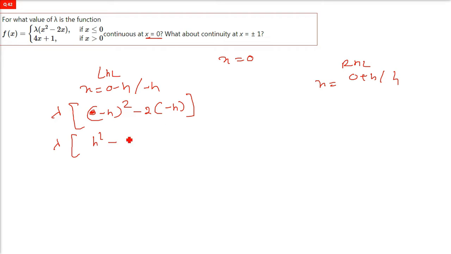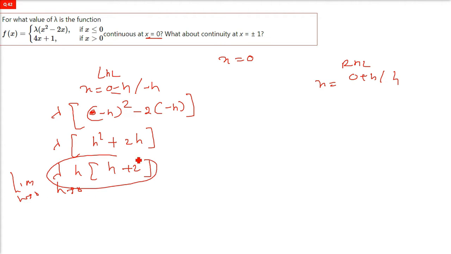H square minus is plus 2h. Now I'm just showing it to you, but we can see that h is already there in both the terms, and lambda is outside. So even if you take h outside common, it will be h plus 2 inside. So whenever you put h tends to 0, the whole term is going to be 0, so you won't get any lambda.